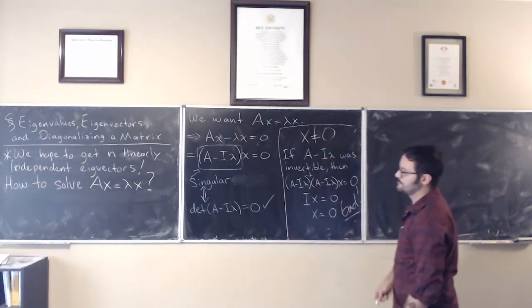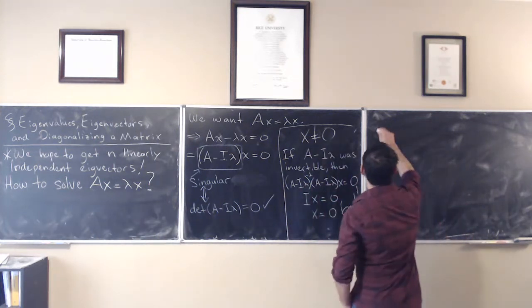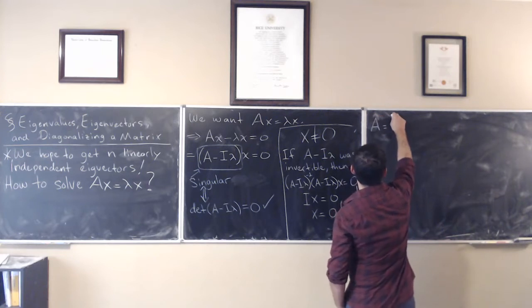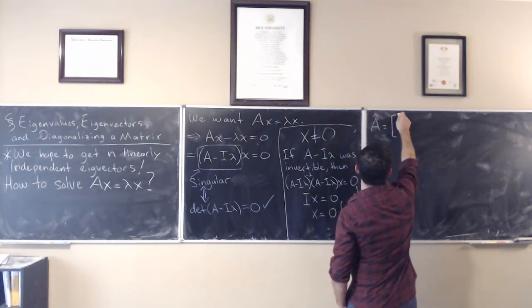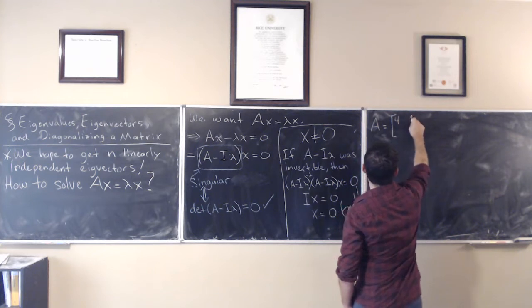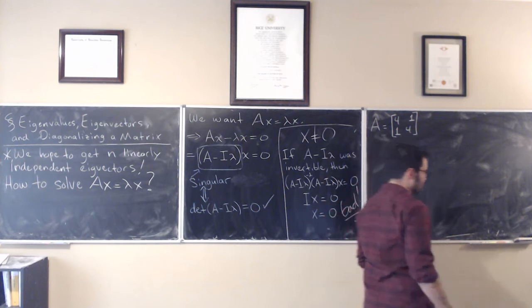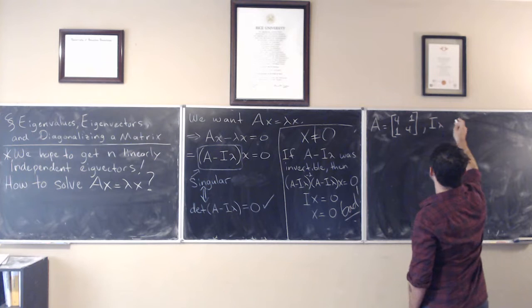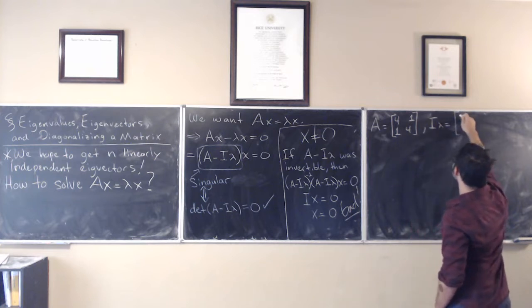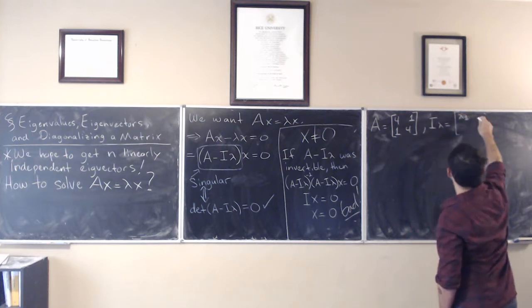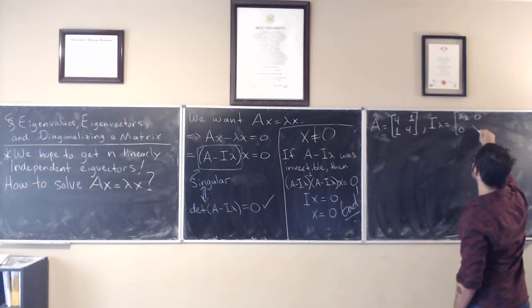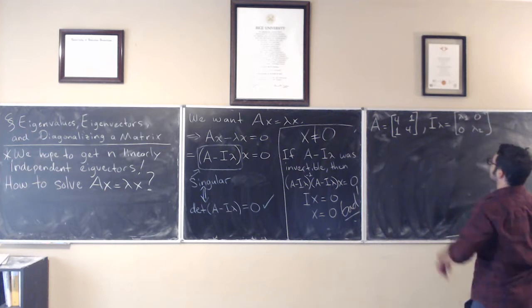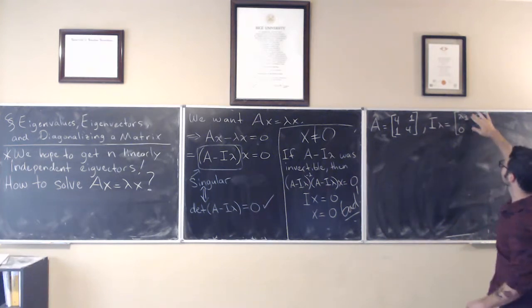So maybe we should use an example just to see. Let's take A equal to, I don't know, 4, 1, 1, 4. Then I times lambda in this case is just going to be lambda, 0, 0, lambda, not lambda 1, lambda 2, just lambda, lambda.